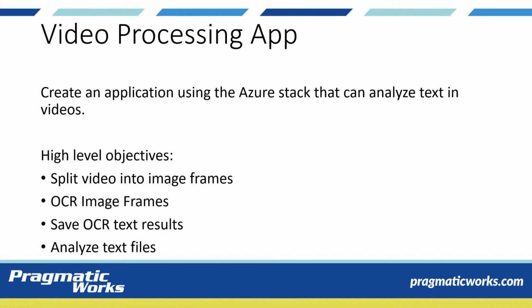So we're going to feed our video application a training video that we've done at Pragmatic Works, because training videos typically have lots of text on slides, demos, and screenshots, so lots of juicy text information that we could grab and do some analysis on.